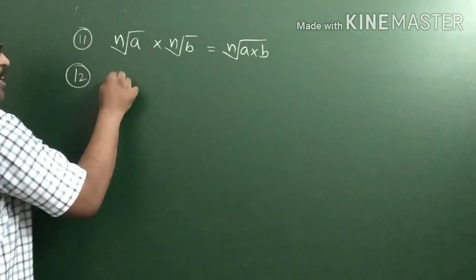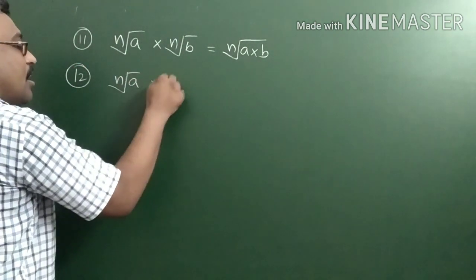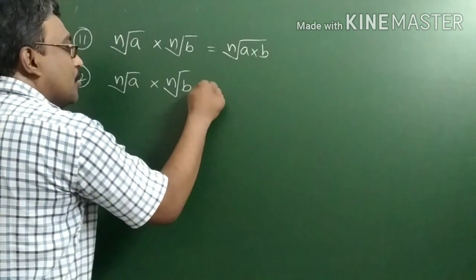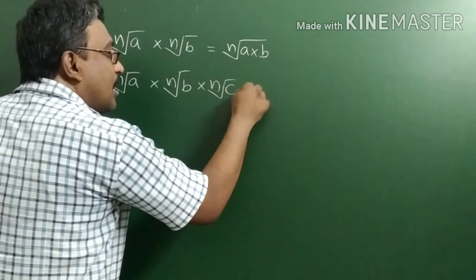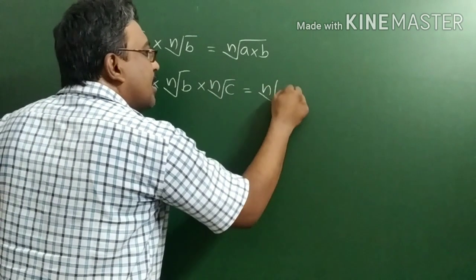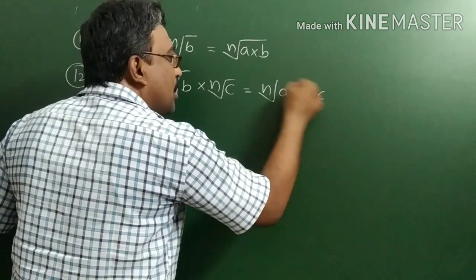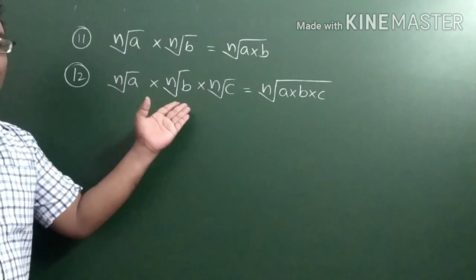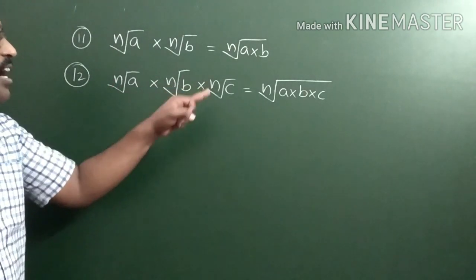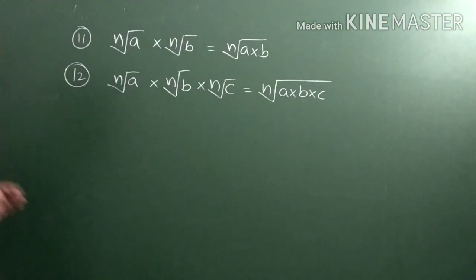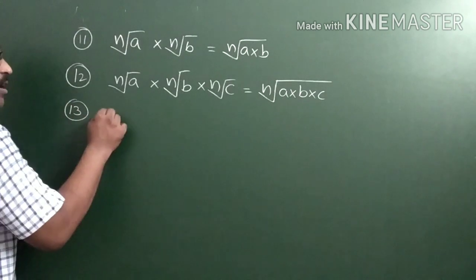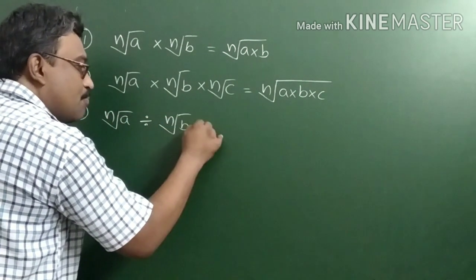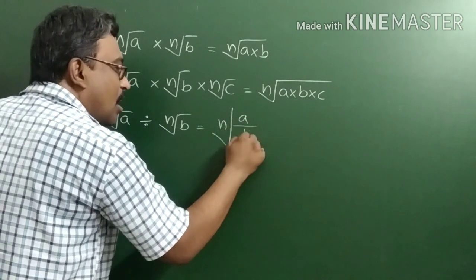Suppose nth root of a into nth root of b into nth root of c is equal to nth root of a into b into c. If the number of numbers under the same radical sign is increased, you can extend. Suppose your next formula, nth root of a divided by nth root of b, then it is nth root of a by b.